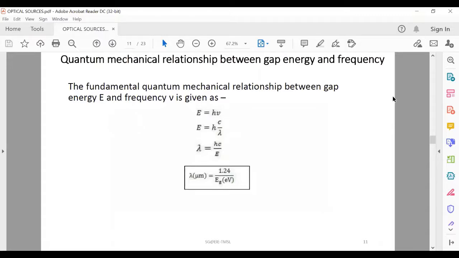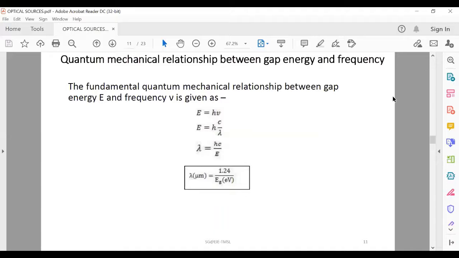So the spontaneous emission due to this carrier recombination is basically called electroluminescence, and to encourage this electroluminescence, it is very necessary to select an appropriate semiconductor material.